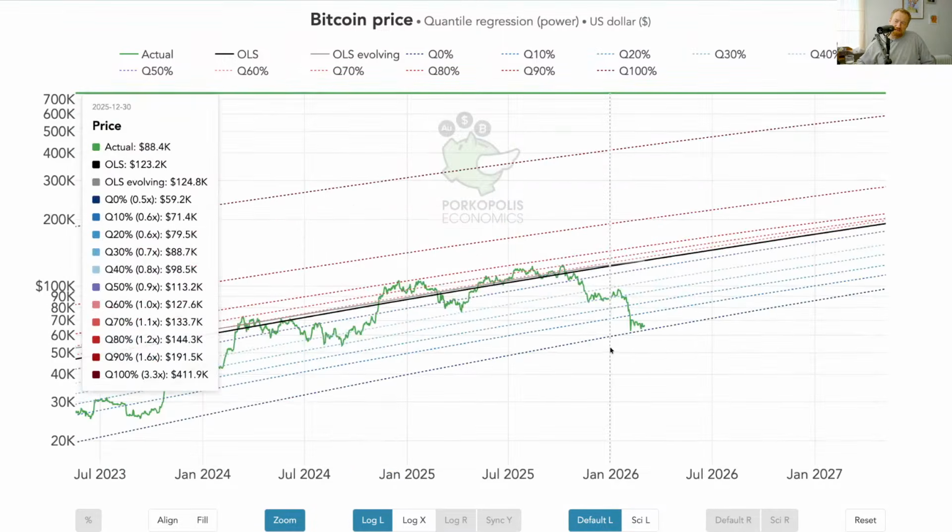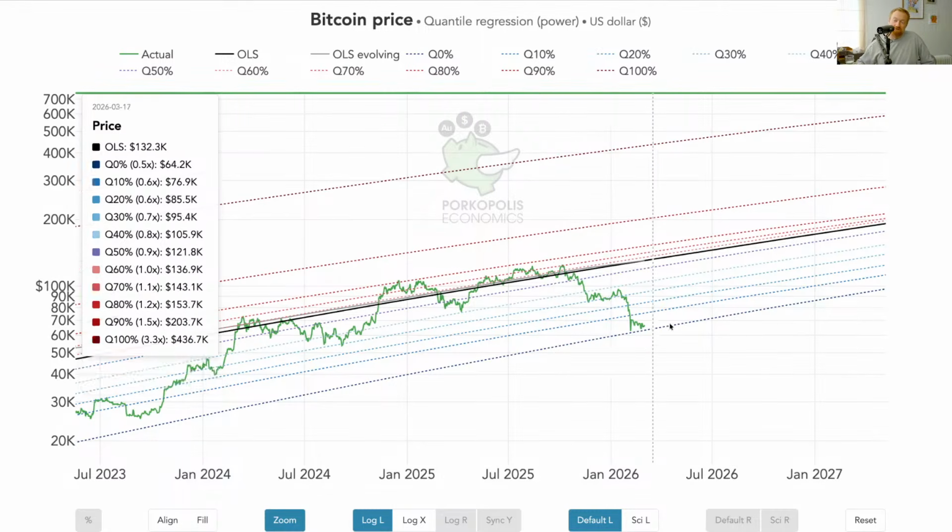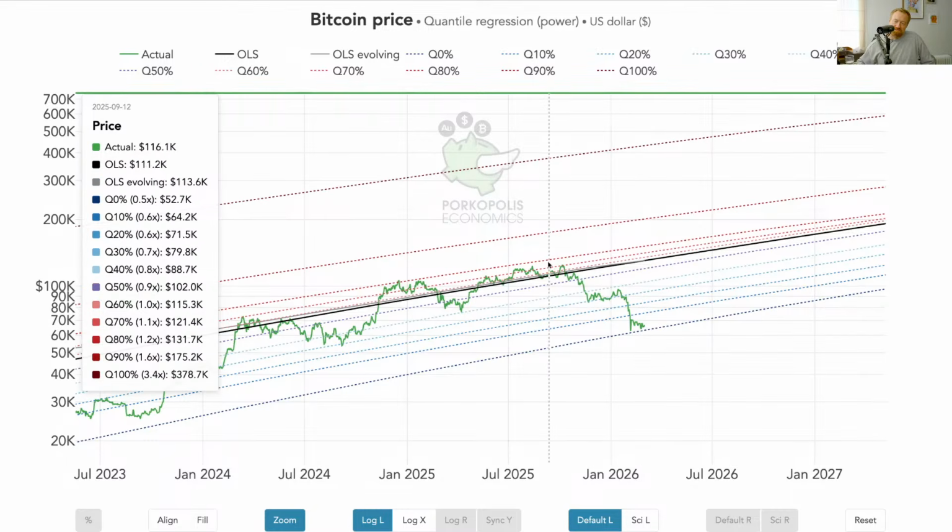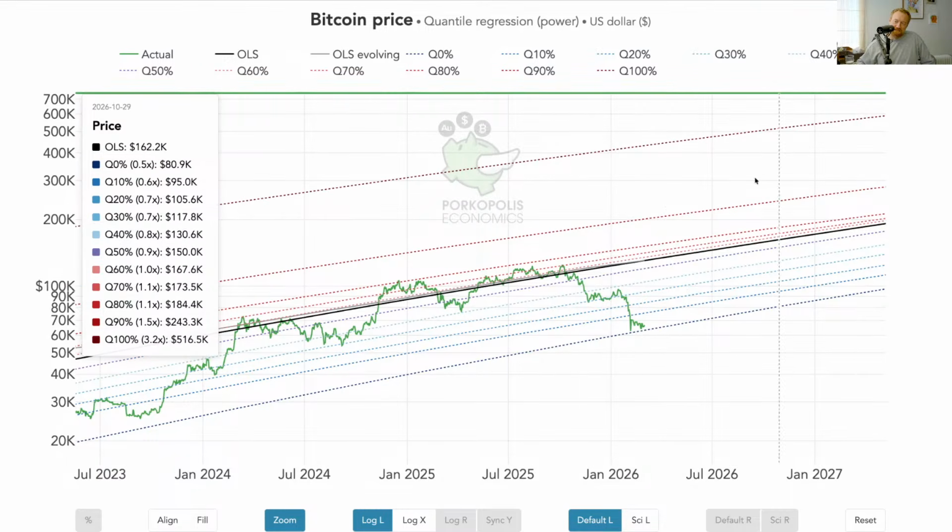Another thing I talked about with Danny, which I'd say is the best point that I made last year, is that I wasn't going to declare the 4-year cycle dead until January, February, if the price was at like 160,000 or something by then. And we see where it is.